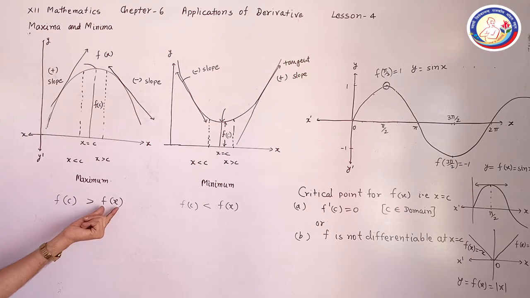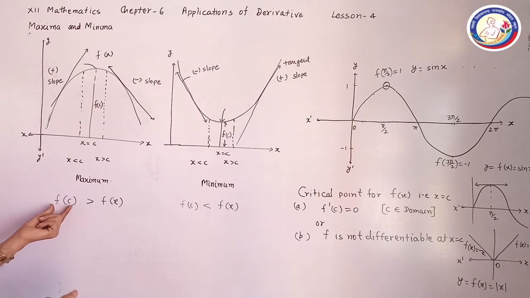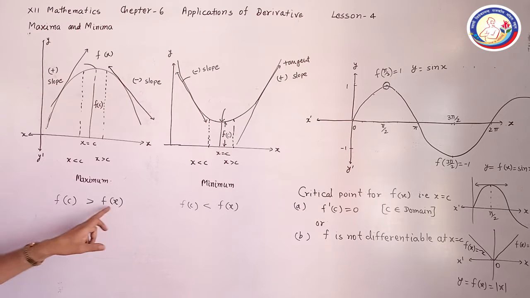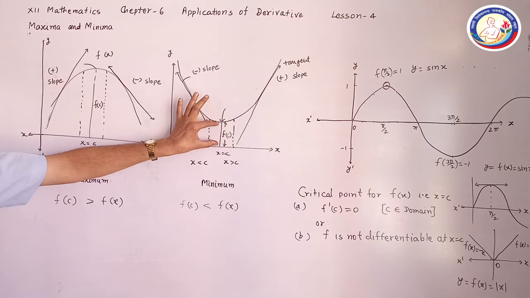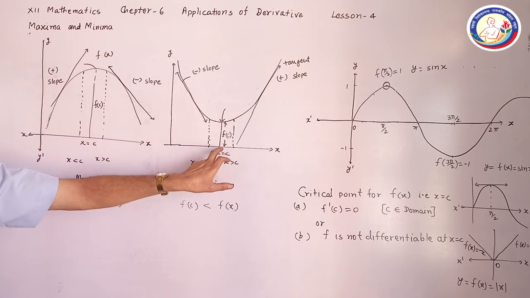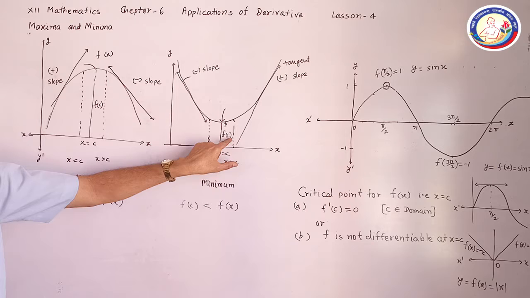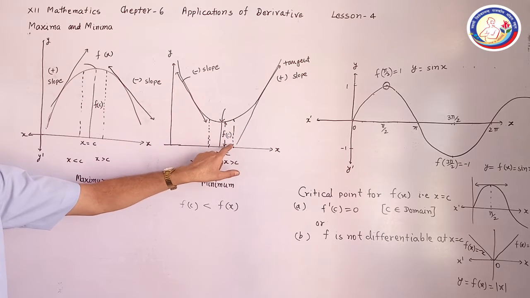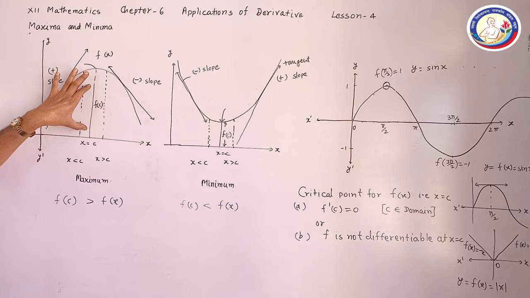And here f(x), the value of the function for points other than c, is less than f(c). f(c) is highest here and f(c) is lowest here. Then this point is called a point of minimum, and here it is a point of maximum. The value of the function at c is the minimum value here, and the maximum value here.